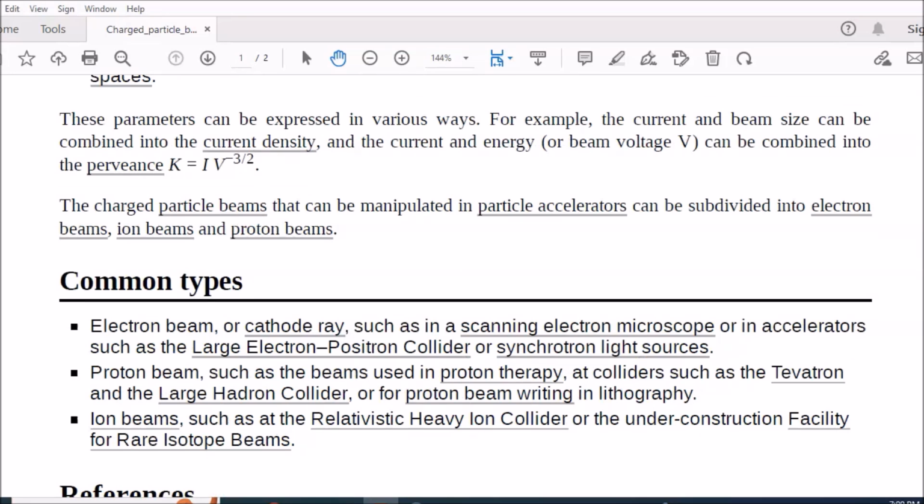The charged particle beams that can be manipulated in particle accelerators can be subdivided into electron beams, ion beams, and proton beams. So in labs, they're working with particle accelerators, and you can use electron beams inside of particle accelerators to create charged particle beams that can bunch objects in surreal life.